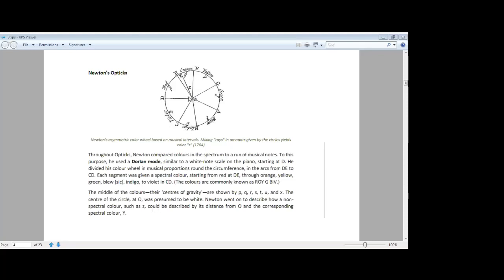So from here white is assumed, and Newton went on to describe how a non-spectral color such as Z could be described by a distance from O and the corresponding spectral color Y. This is what he proposed, and this theory is again a stepping stone when we talk about the color wheel.